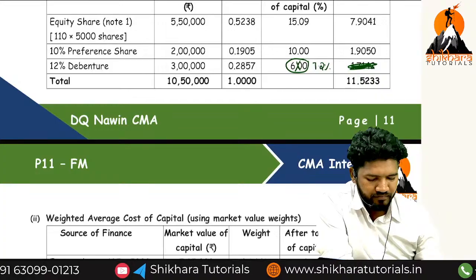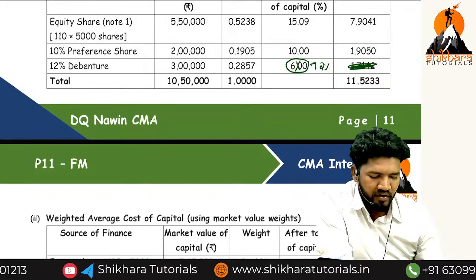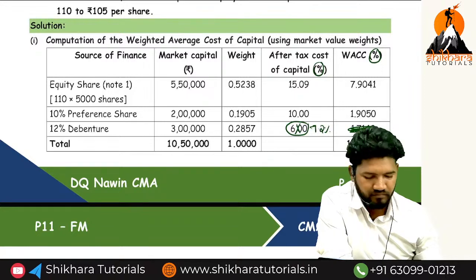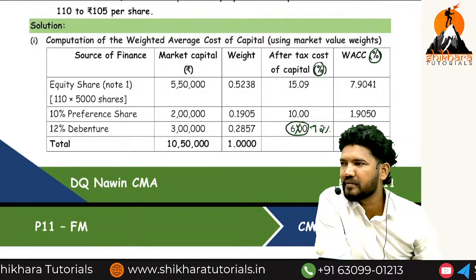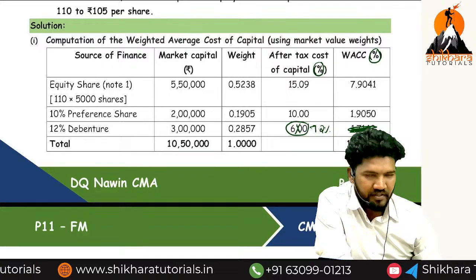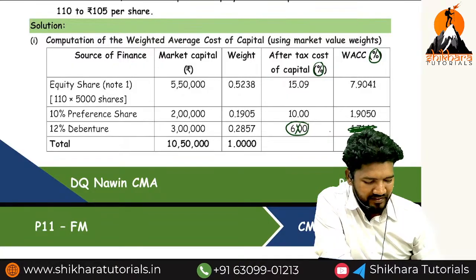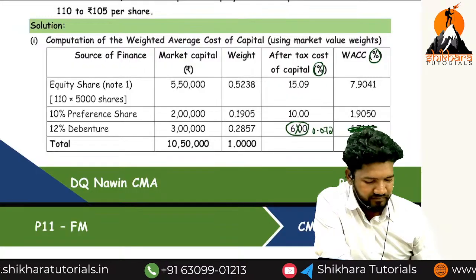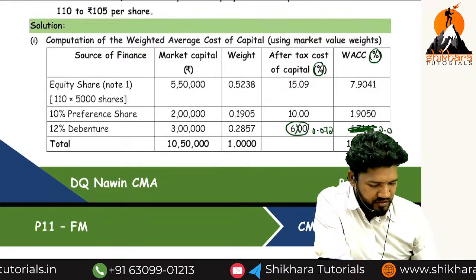They considered percentage format into 100, so we are following rate format, while in the textbook they followed percentage format. 0.072, into 100. 2.05.